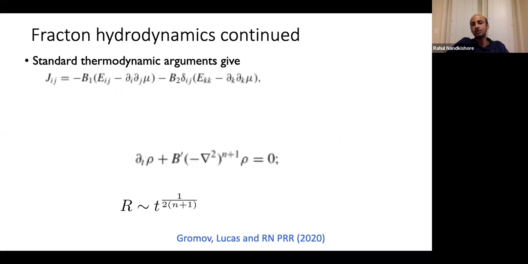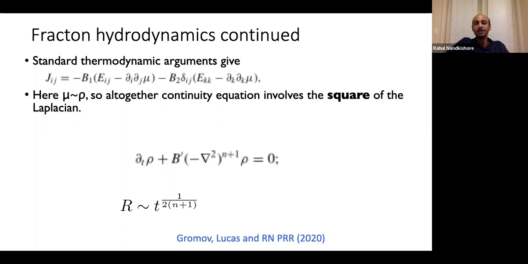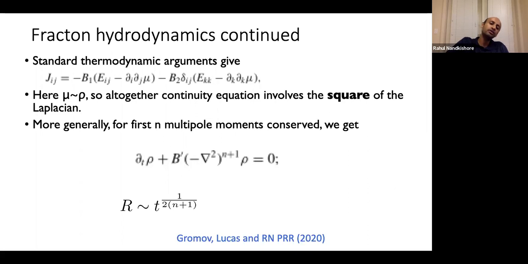You can get that with standard thermodynamics, and essentially it's related to two derivatives of the charge density. So you put it all together and you conclude that the analog of the diffusion equation involves the square of the Laplacian, or more generally, if you conserve the first n multipole moments, then you get a generalized diffusion equation, which looks something like this, and it involves n plus 1 powers of the Laplacian.